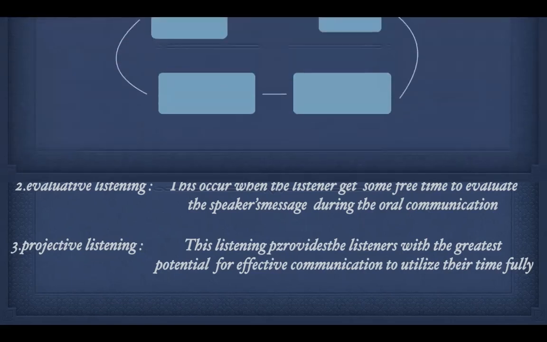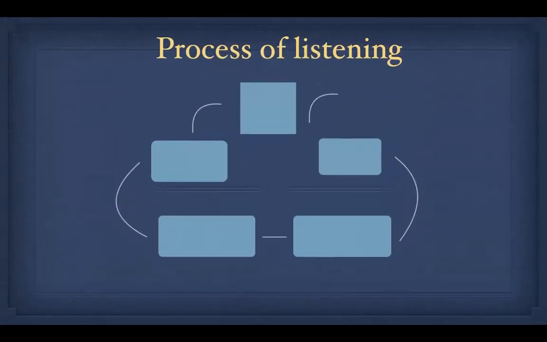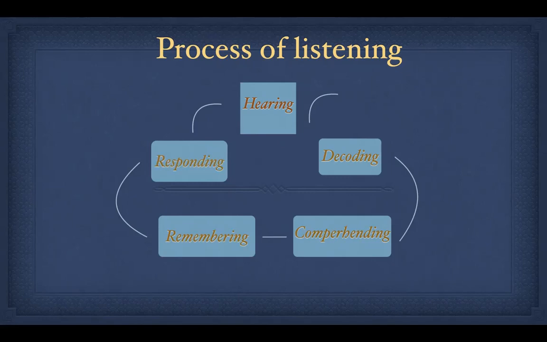Next one is the process of listening. The first one is hearing, the second one is decoding, third one is comprehending, fourth one is remembering, fifth one is responding. So the listening has five processes. First, we hear what the speaker is saying.